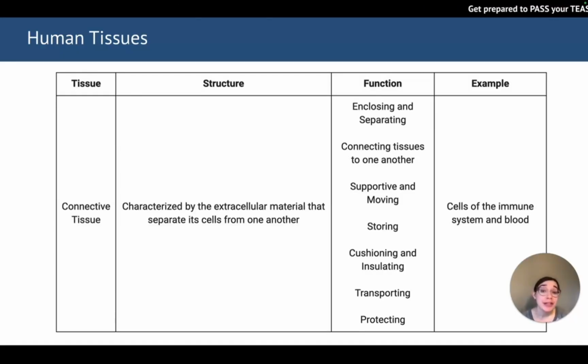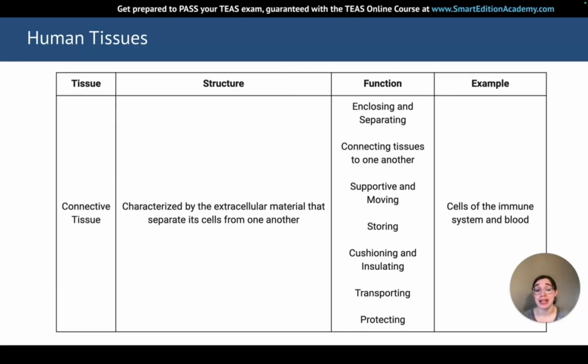It has storage capabilities. It can cushion and insulate. It can help with transportation, and it also helps with protection. So quite the variety of functions here. Examples of connective tissue include cells found in both the immune system as well as the blood.